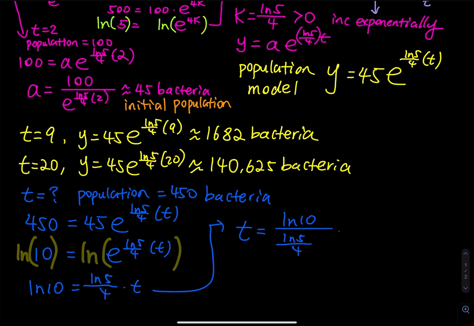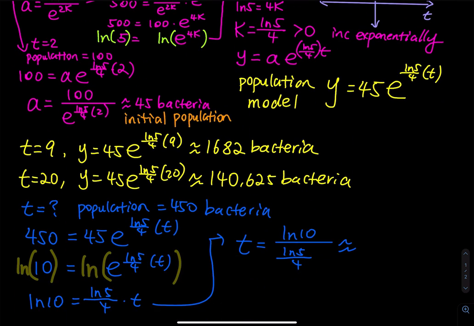So that is approximately equal to, t is in hours, right? Yep, t is in hours. Let's keep one decimal place. It's 5.722706, so 5.7 hours to make the population 10 times the initial population.